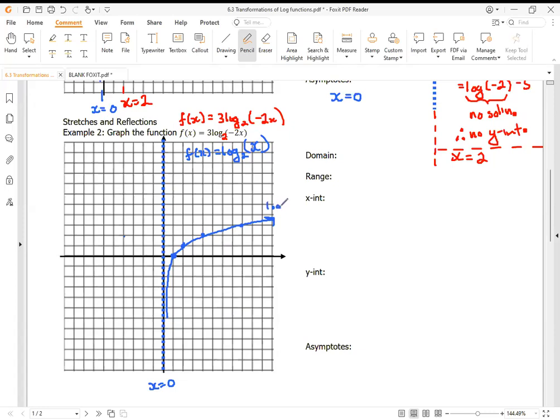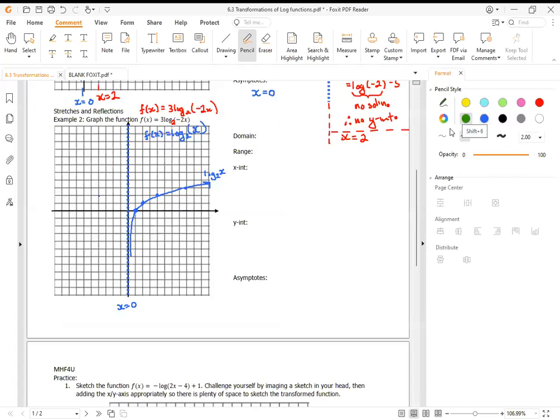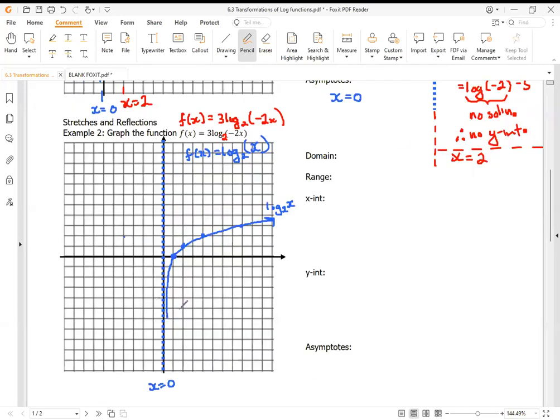That would be log base 2. From this point, I'm going to use green to do the transformations. Is everyone ready? Or do you need more time? We good? I'll take it slow.